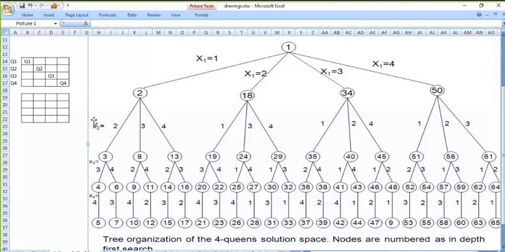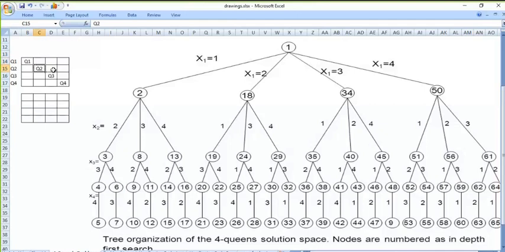Now let us try to understand whether these nodes are really possible or not. If I proceed through this procedure, from 1 to 2, 2 to 3, 3 to 4, 4 to 5, with depth first search, would it give me a solution or not? We have to check it. When I draw the line 1 to 2, that is q1, it is valid. Then when I keep the second one, q2, over here, is it meeting the bounding function?